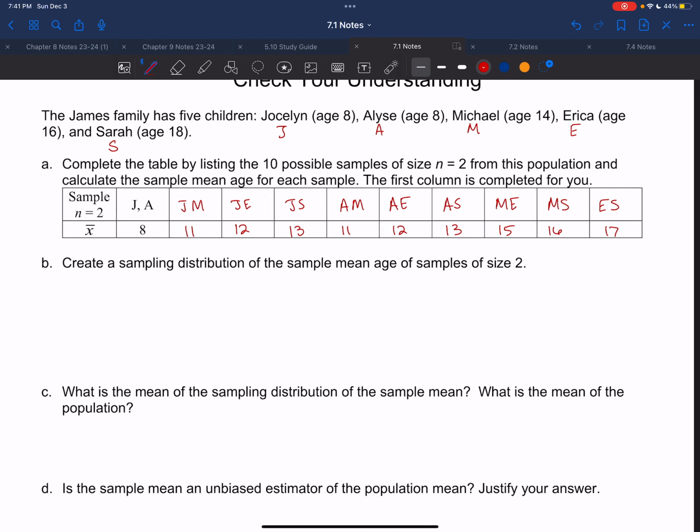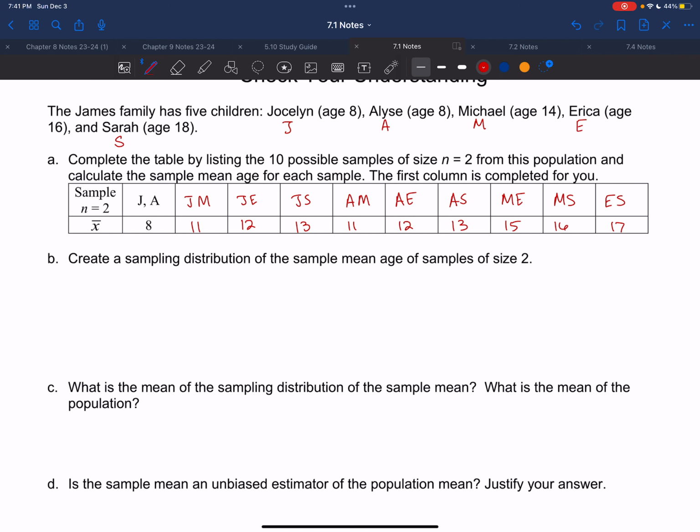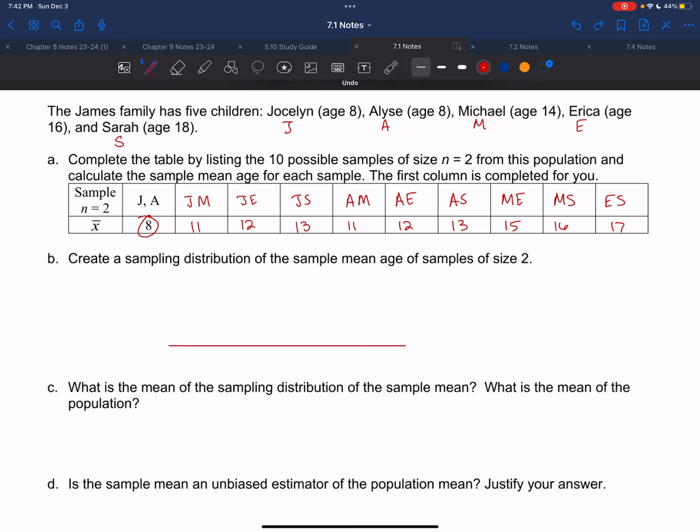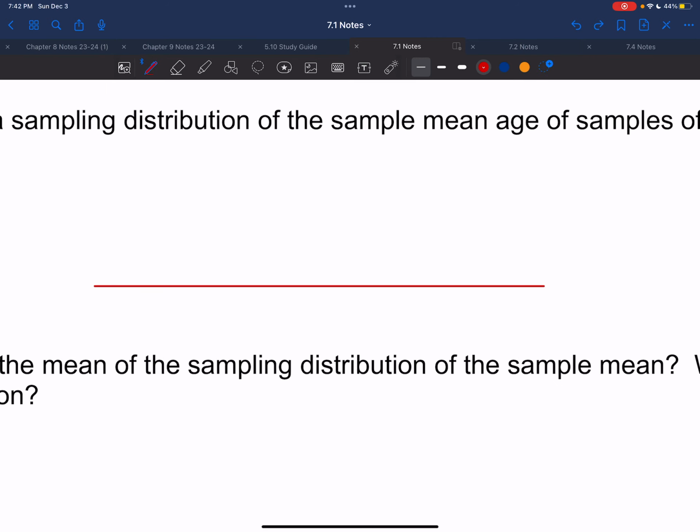And part B says, create a sampling distribution of the mean age of samples of size 2. So I'm going to create a number line. I've got numbers ranging from 8 all the way up to 17. So I'm just going to make a tick mark for each one of those: 8, 9, 10, 11, 12, 13, 14, 15, 16, 17.